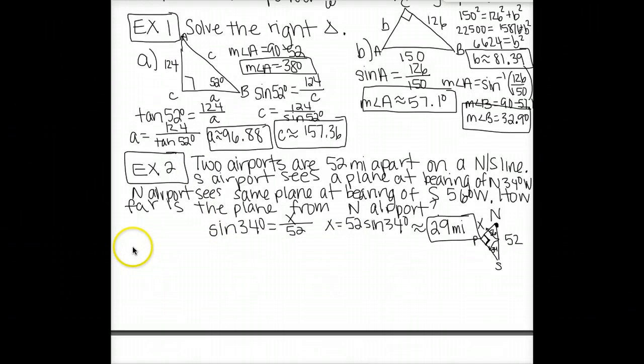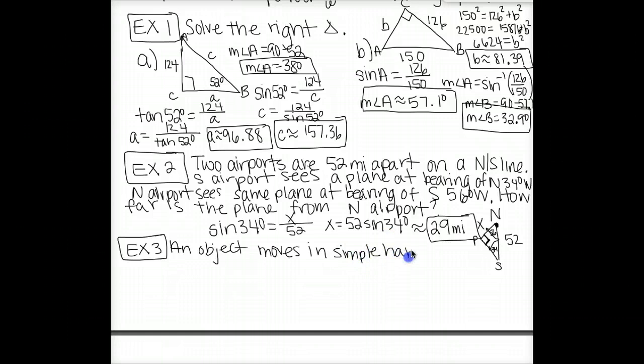Okay, last one is harmonic motion. So we're given an object and we're told that it moves in simple harmonic motion, with d, the distance, equal to -3 times the cosine of 3 pi over 4 t, where t is in seconds and d is in inches.